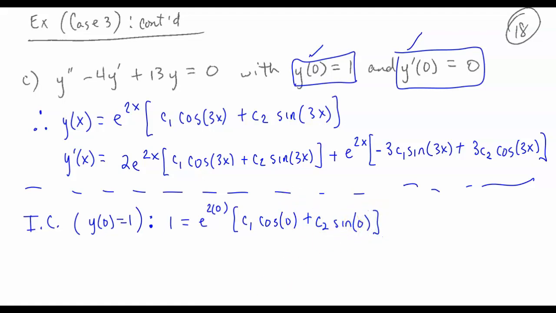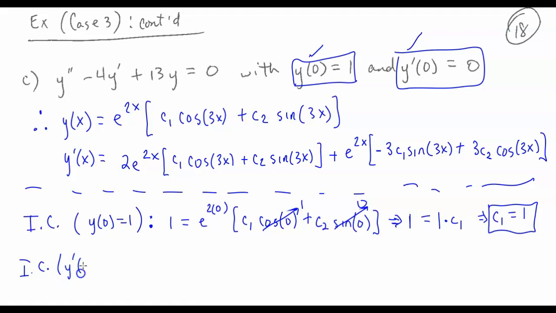Okay, and I could have done the same thing here, but I didn't. So cosine of 0 is equal to 1, sine of 0 is 0. So all this just ends up being that 1 is now equal to 1 times over here c1 plus 0. So that's c1. So c1 just ends up being 1.